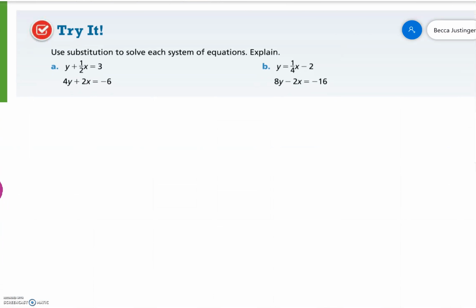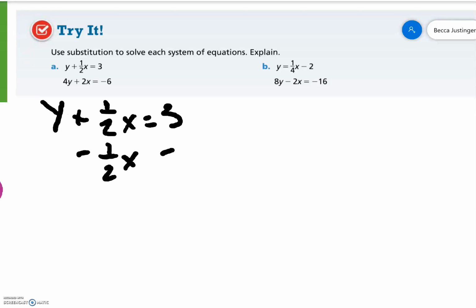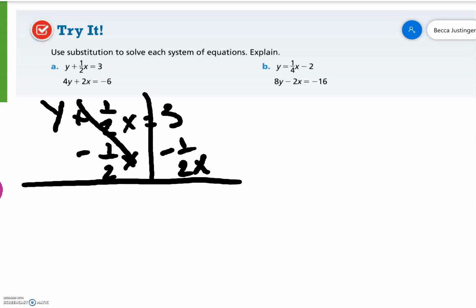Use substitution to solve each system of equations. Explain. So the first equation, y plus 1/2 x equals 3. I'm going to solve for y, trying to get y by itself because that will be the easiest. This cancels out.